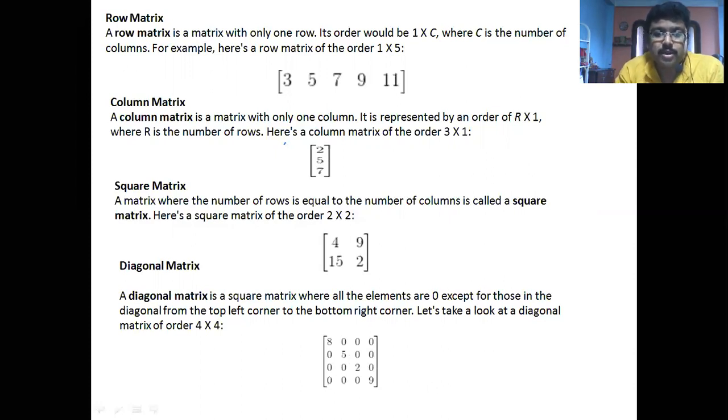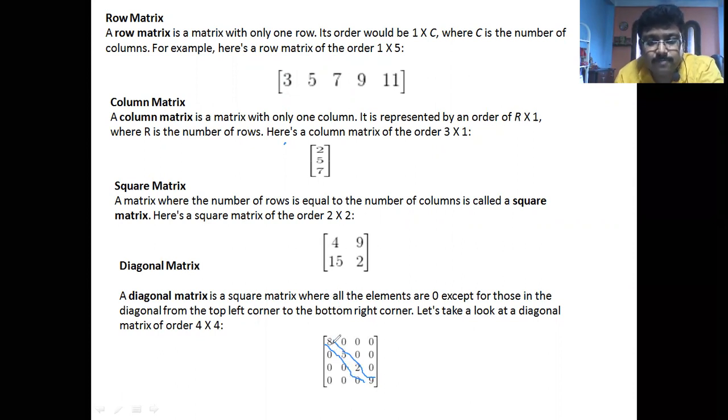If I draw a line here, all the elements above this line are 0 and all the elements below this line are 0. So this is the diagonal matrix. When all the elements above this line are 0 and all the elements below this line are 0, then it is called a diagonal matrix.